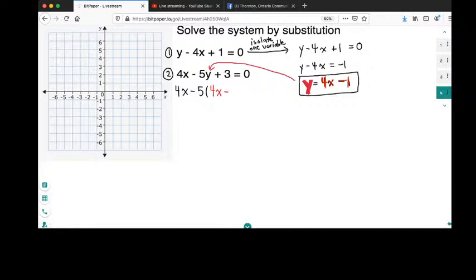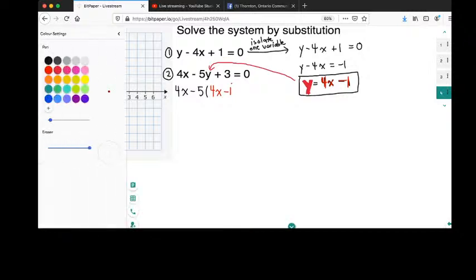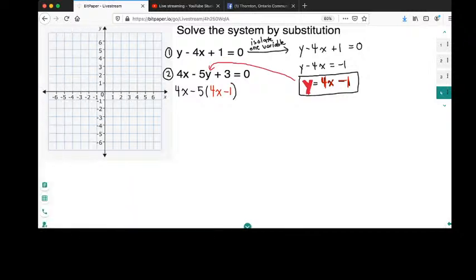Because again, it's a synonym for y. Let me get back to my black pen. There we go. Everything else in my equation stays the same. Positive 3 stays where it is. Equals 0 stays as it is.